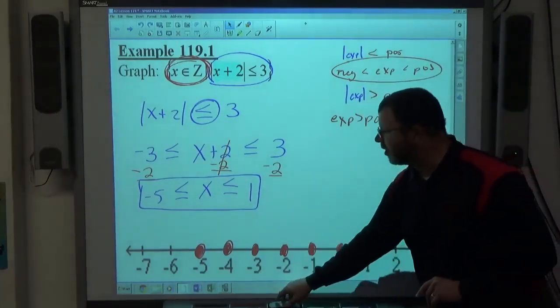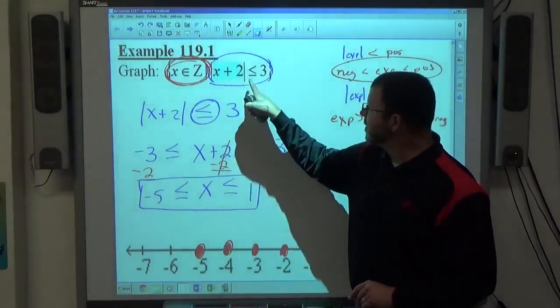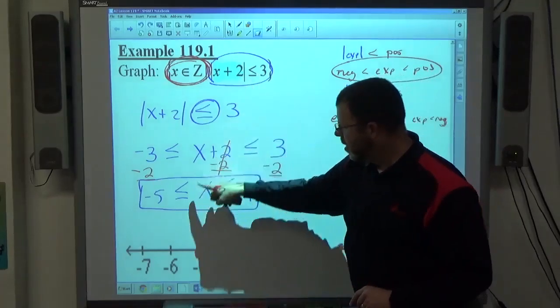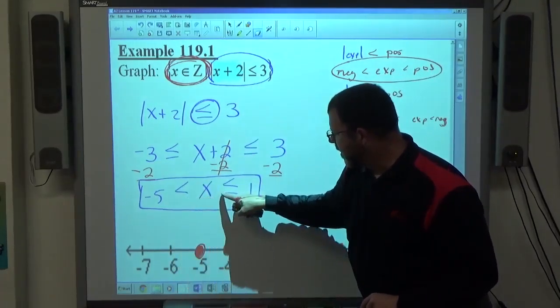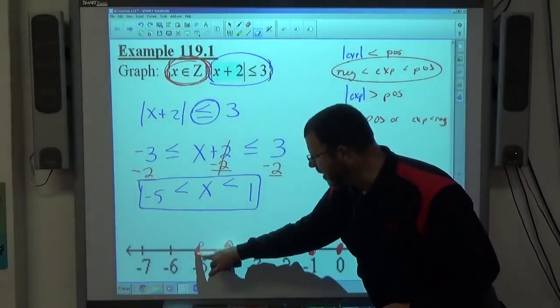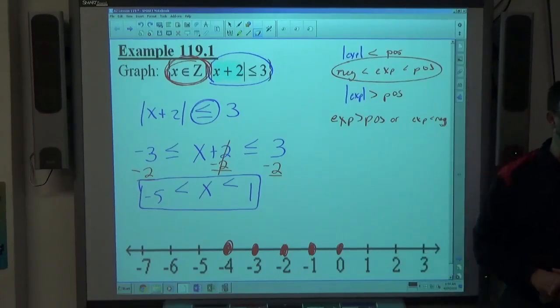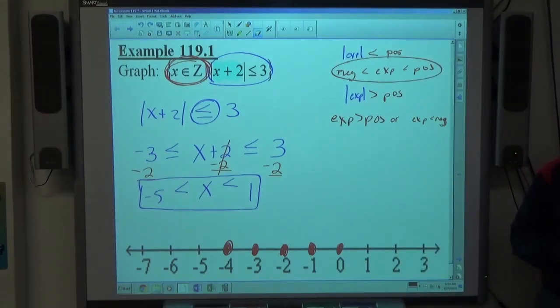Let me show you one extra thing real quick, in case this should happen. If this did not say equals to, the only difference in the answer would be that negative 5 would not be graphed, and 1 would not be graphed. I'm not going to put open circles because I'm not trying to get close to negative 5 or 1.